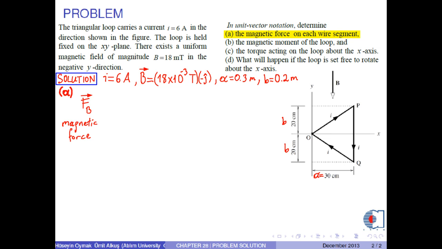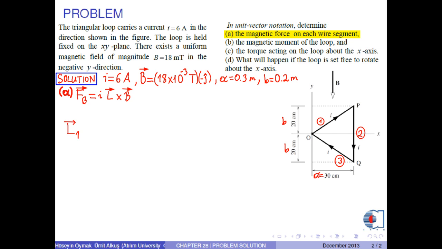Magnetic force on a current-carrying wire whose current length vector is L due to the magnetic field B is calculated by the formula I times L cross B. And the direction of the magnetic force is found by the right-hand rule. First, we label each wire segment as 1, 2, and 3.